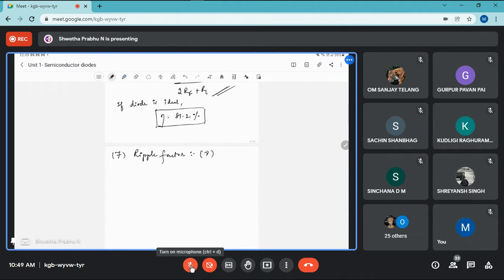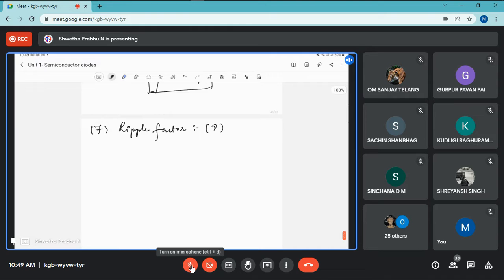So what do you mean by ripple factor? Can anyone tell me what is ripple factor?